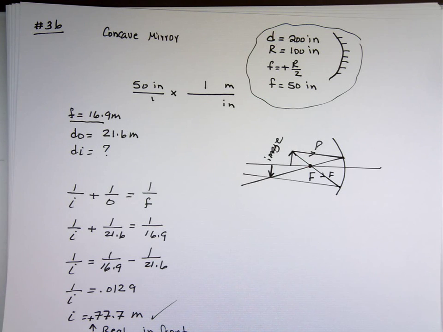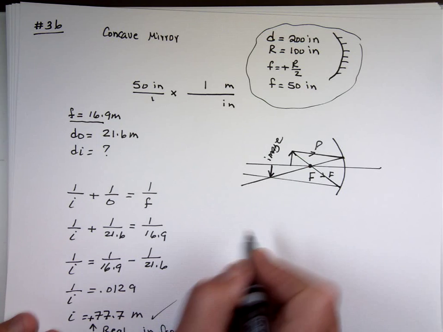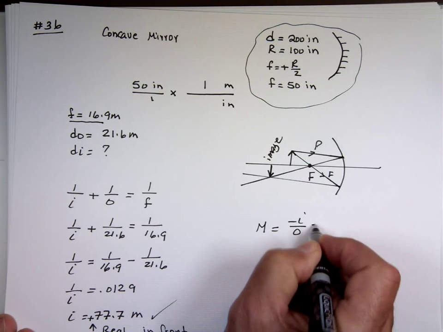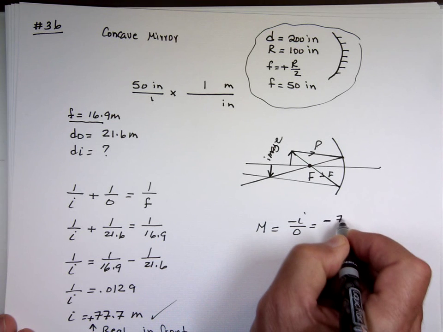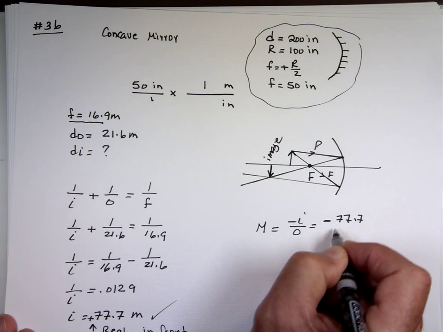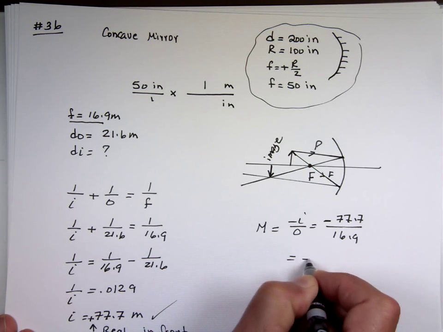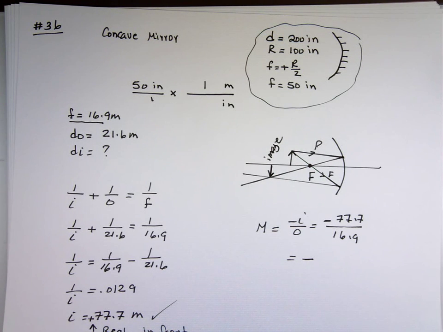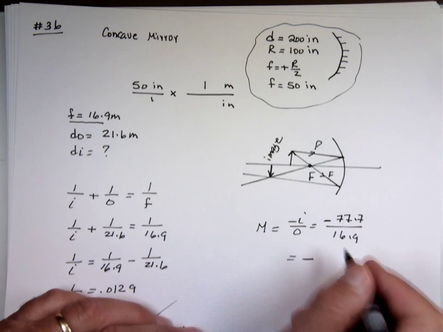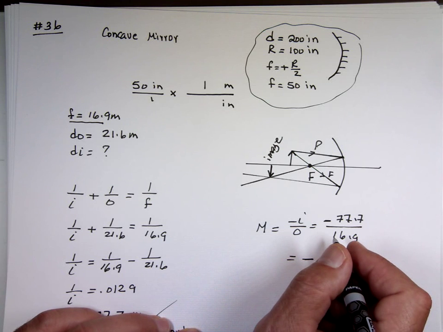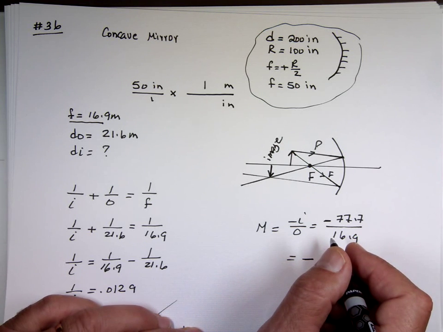What is the magnification? Now the magnification is negative I over O. Negative 77.7 divided by O, which is 16.9. That's a negative 4. How many significant digits? 4.60.